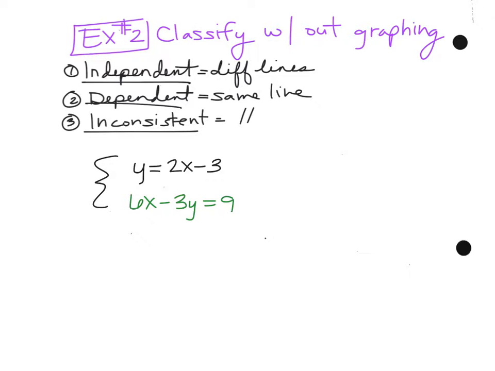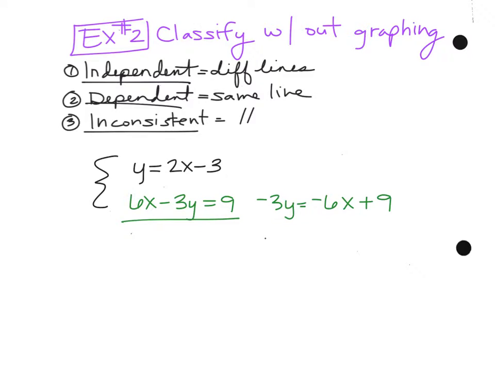So this first line is done. You don't need to do anything with y equals 2x minus 3, but let's take the green line and turn it into slope-intercept form. So we're gonna subtract 6x. So it's going to be negative 3y equals a negative 6x plus 9, right? We're just isolating the y.